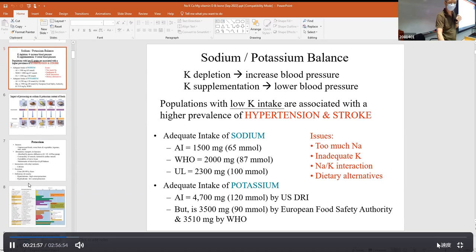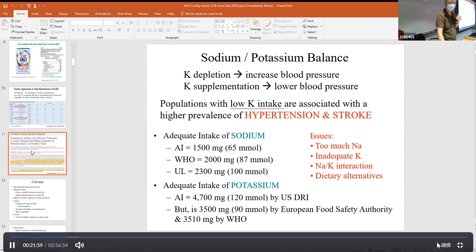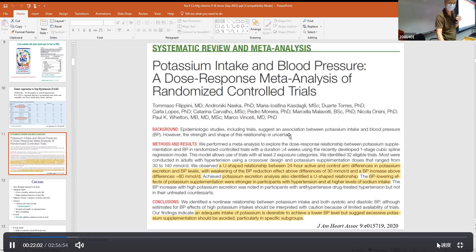If you have time, you can look at this and get the paper. 3.5 gram, which corresponds to about 90 millimole, is about the point where further intake will lead to adverse effects on blood pressure.